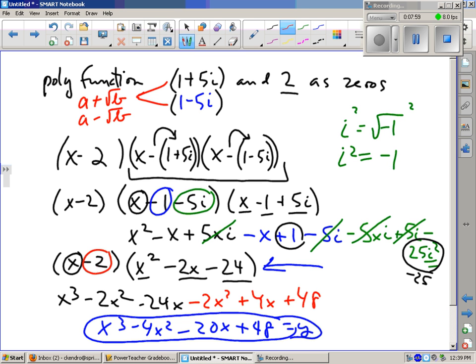So for instance, if I had 3 plus root 2 for a root, then 3 minus root 2 is automatically another root. And these work just like these down here. You put them in exactly the same way. And when you square a square root, it ends up being just what's underneath. So same exact process, but instead of i, you have square root.